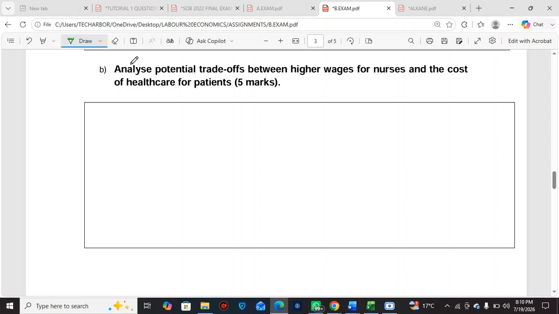Analyze potential trade-offs between higher wages for nurses and the cost of healthcare for patients. So, the higher the wages these nurses demand, it means less money for other operational expenses, especially the cost of healthcare for patients, in terms of the beds, the medicines that are available, the services that are offered.